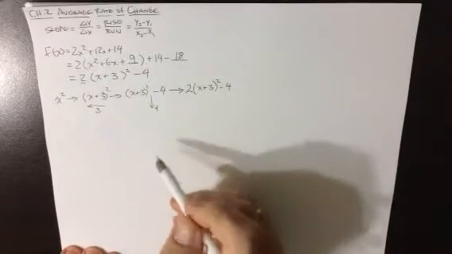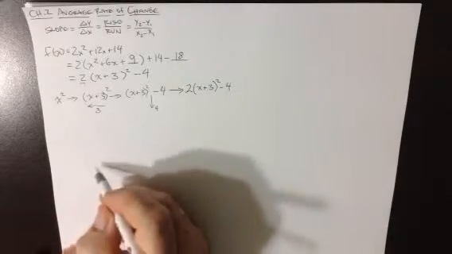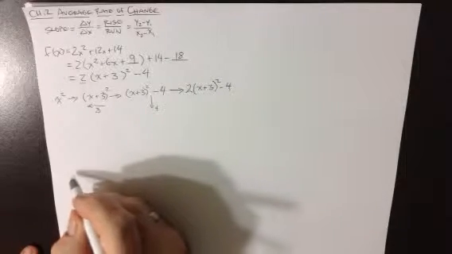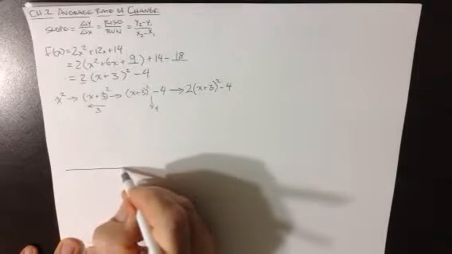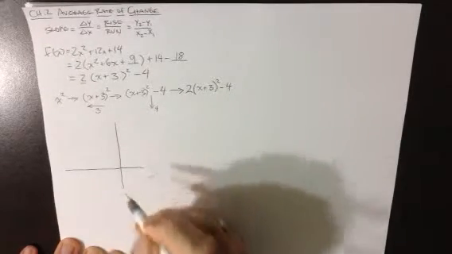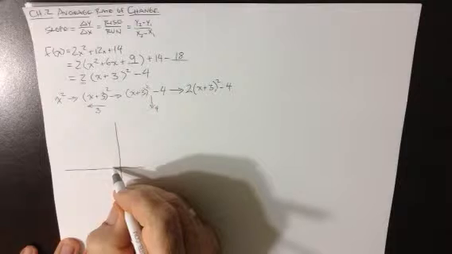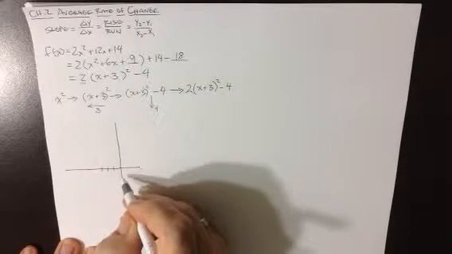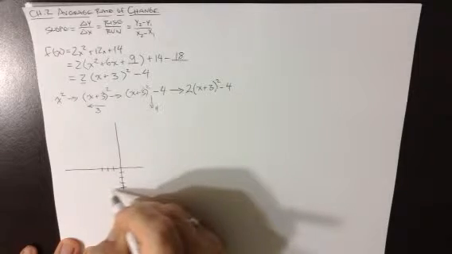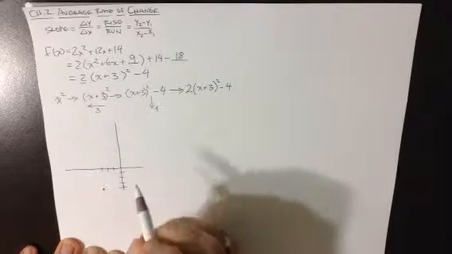Okay? So let me do a real quick sketch of this, and then we'll talk about calculating the average rate of change for sections of this parabola. So negative 3, negative 4. Okay.